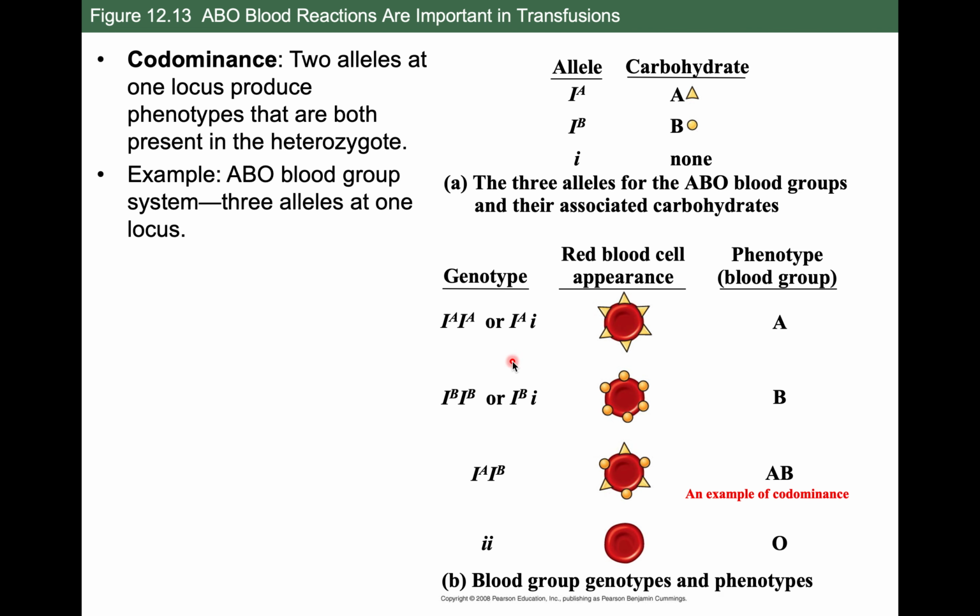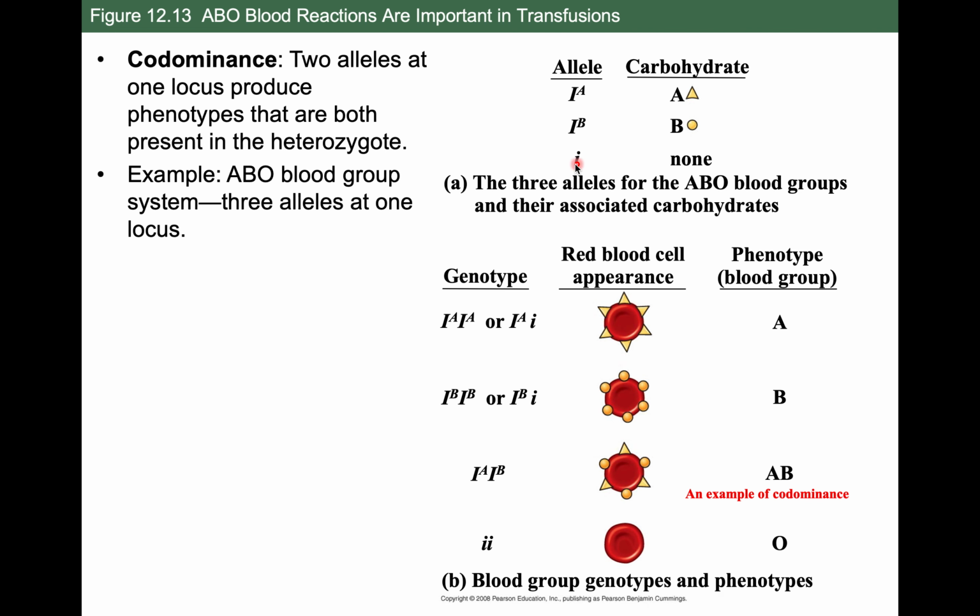And so I mentioned this was multiple alleles. The three alleles that you can see up here at the top. You have the dominant IA version, which produces the A carbohydrate, little triangles on the surface of the red blood cells. You have the dominant IB version, which produces a different carbohydrate, the little circles on the surface of red blood cells.